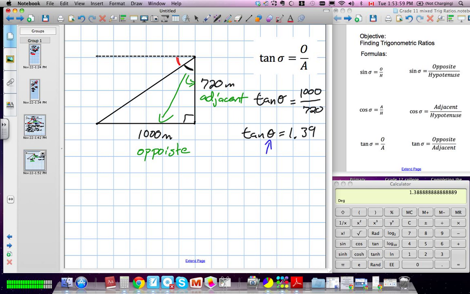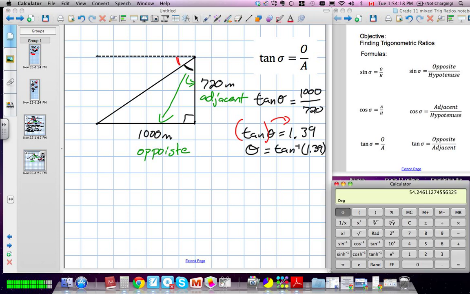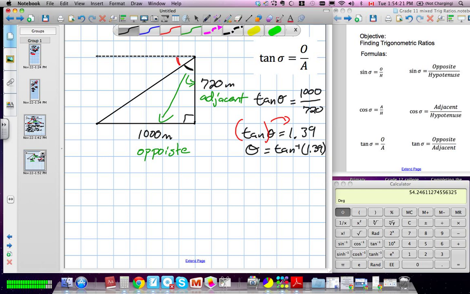Now, we're isolating for theta itself, which means I need to bring tan to the other side. So when tan goes to the other side of the equation, we look for the inverse of that. So we'll have theta is equal to the tangent inverse of 1.39. 54.3 we'll round it to. Perfect.